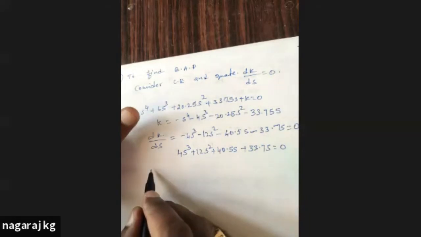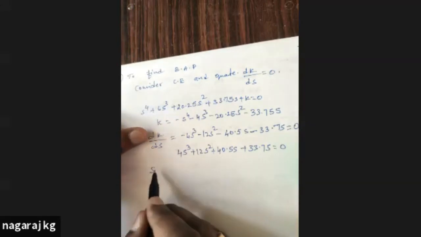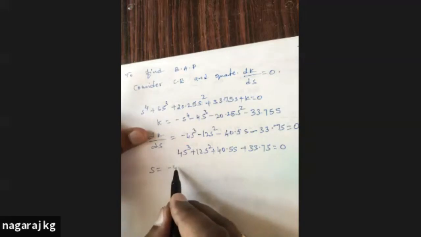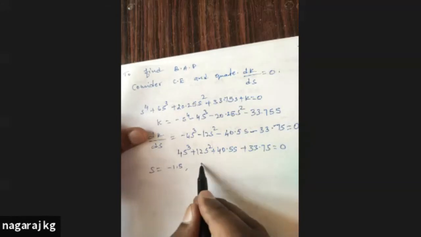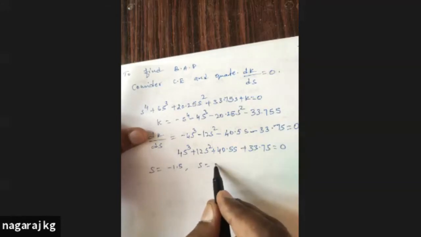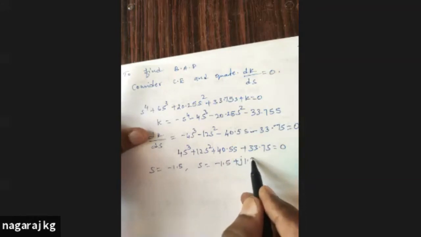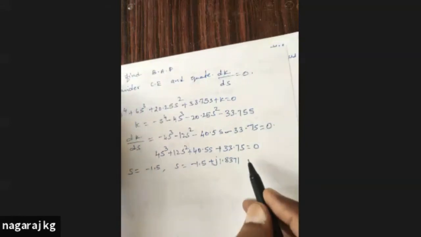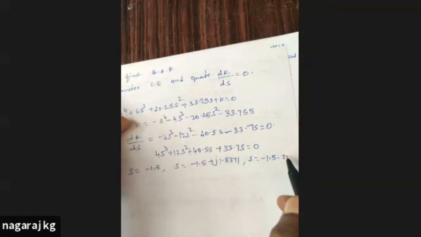Finding the roots will yield the s values: s is equal to minus 1.5, another s value is minus 1.5 plus j1.837, and another s value is minus 1.5 minus j1.837.